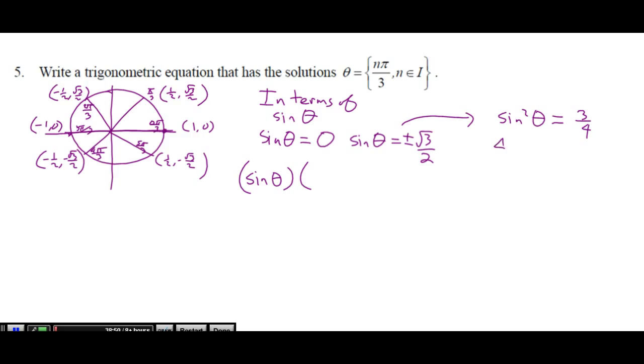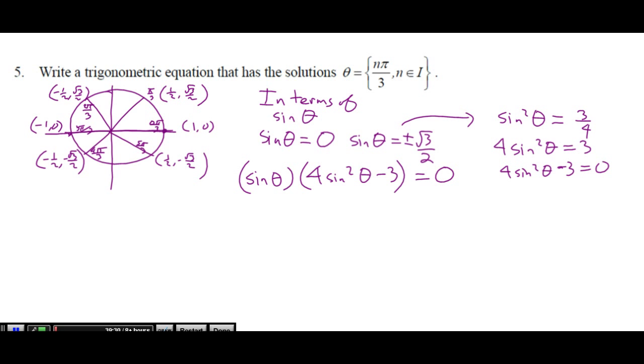Which means 4 sine squared theta is equal to 3, and 4 sine squared theta minus 3 is equal to 0, and that's my other factor, 4 sine squared theta minus 3 equals 0. Okay? So that's a factored form of the equation, and if you wanted the unfactored, it'd be 4 sine cubed theta minus 3 sine theta equals 0. But I think we could just leave it in that form.